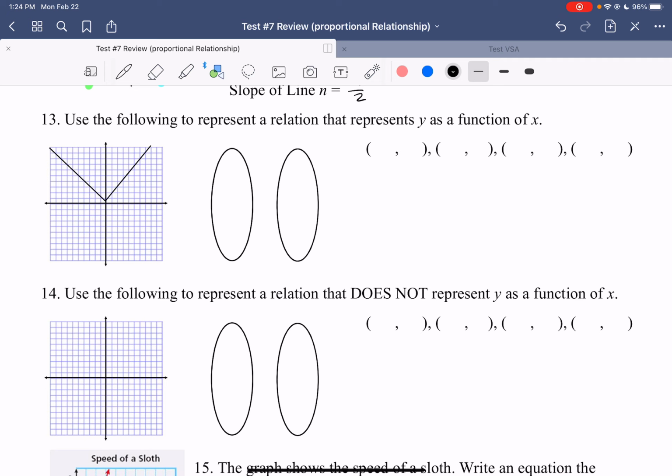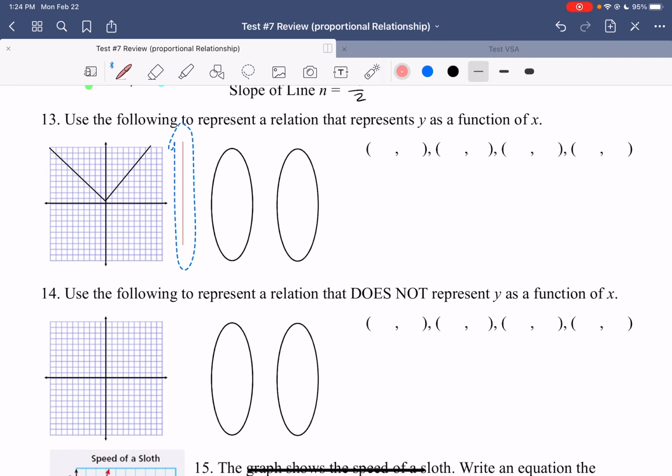If I wanted to find something that would represent a function, I would want to find something that would pass the vertical line test, meaning whatever line I draw, or whatever graph I see, it needs to only cross my graph at one point each as I move it across.